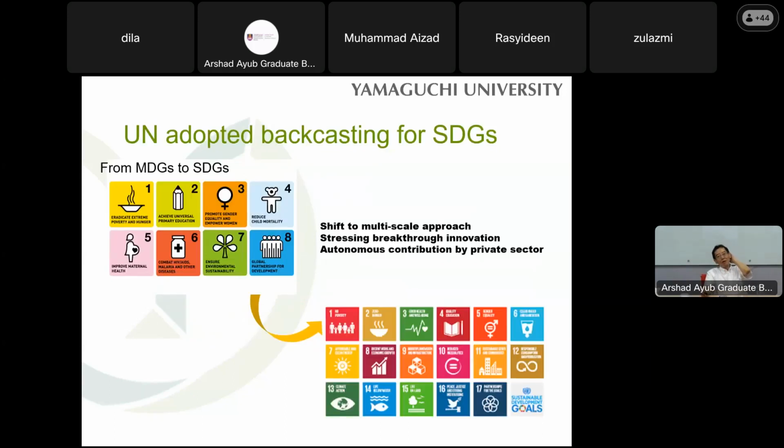But it's very challenging, and impossible for one company or an individual, to think through those interrelated problems at once. So the UN decided to adopt a multi-scale approach.